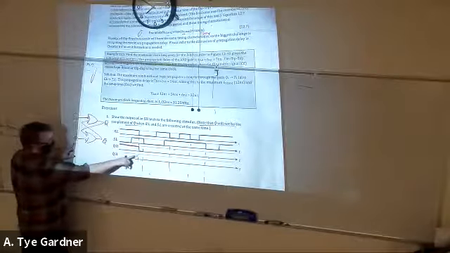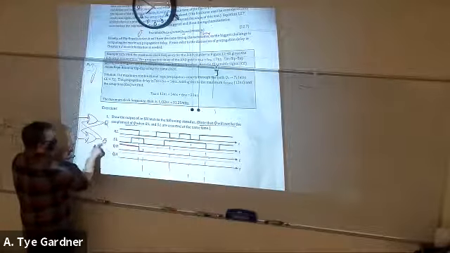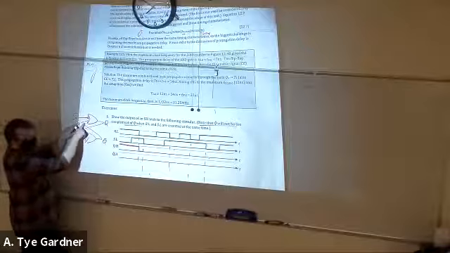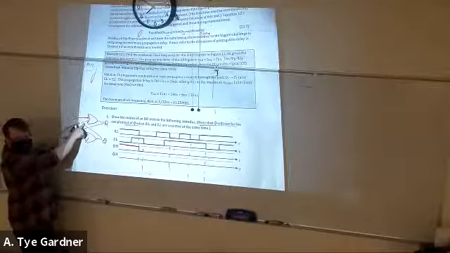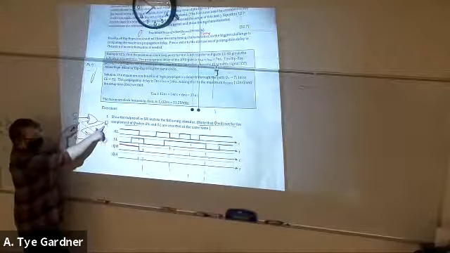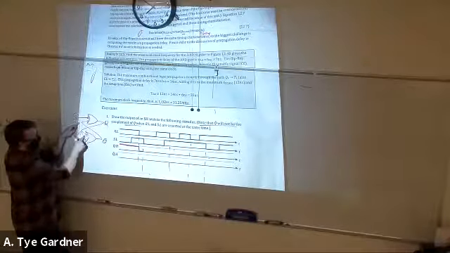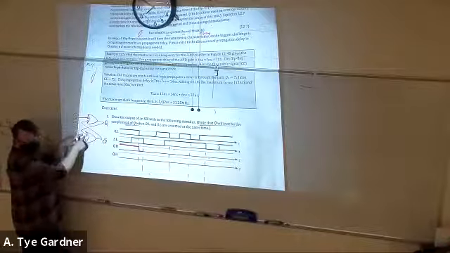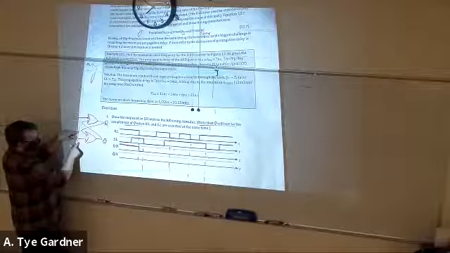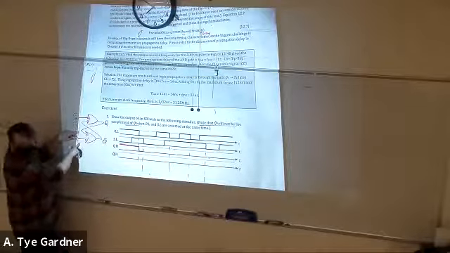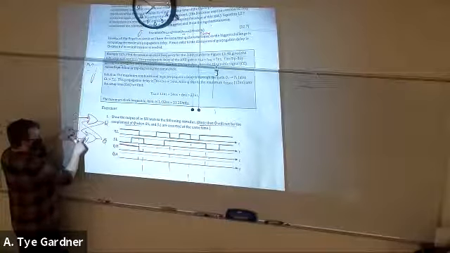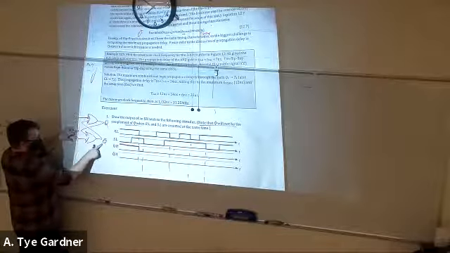So Q was 0, so Q bar was 1. So 1 feeds around into this. We get 1 NAND 1, which is 0. So Q is getting set to 0, which means it goes back around and puts a 0 here. And I have 0, reset 0 is also 1. Or sorry, is 0, 0.